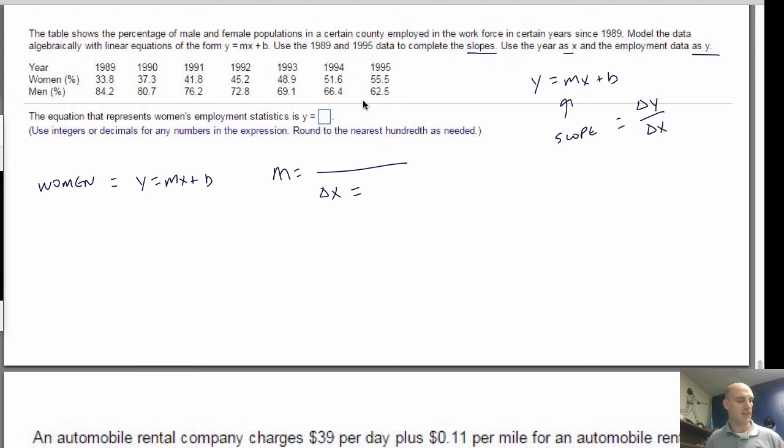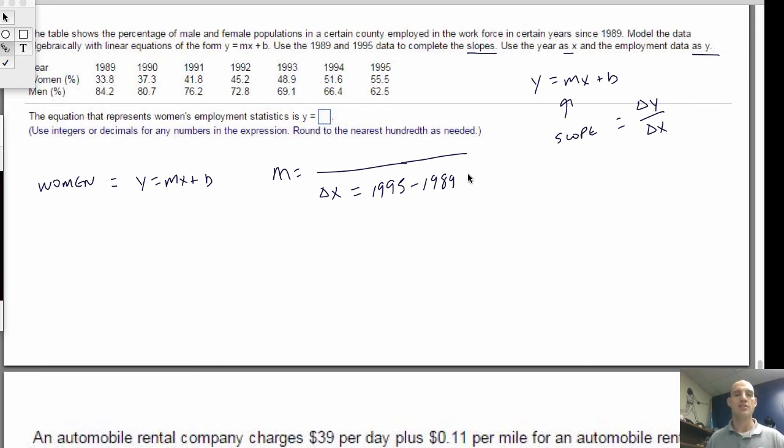1989 and 1995. Sorry about that. I'm going to do 1989 and 1995. Well, I've got 1995 minus 1989. On top, and this is important here, I need the data in those years.